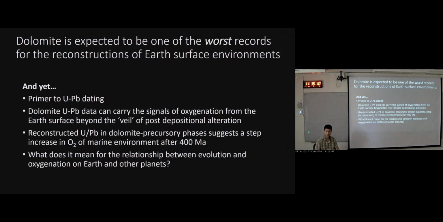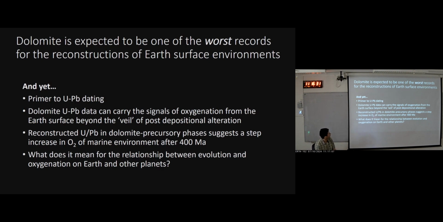And yet, what I'm going to show you here is that when we use not just measurements of uranium and lead, but uranium-lead dating of carbonates, we can get a signal that is carried from the surface, through the subsurface, and back to the surface of oxygenation.